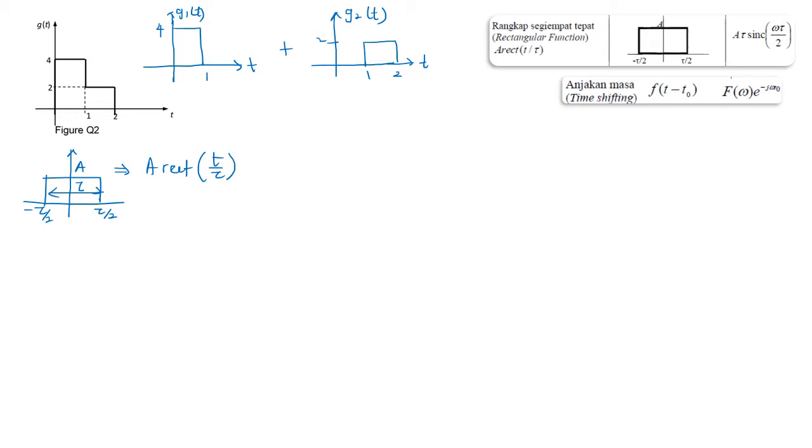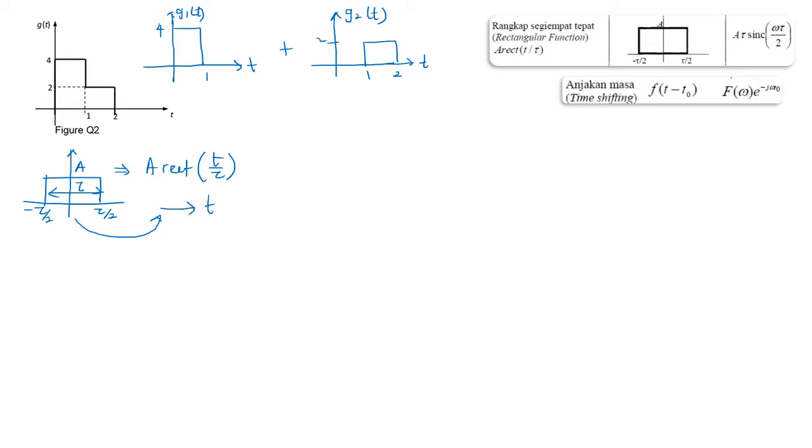So you need to compare. The reference rectangular should be symmetric about the y-axis, so it is half on the right hand side and half on the left hand side. If compared to the signal that we have, all of it is on the right hand side, meaning that the reference rectangle has been shifted to the right by a certain t.